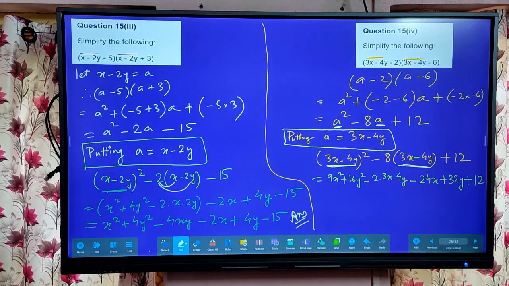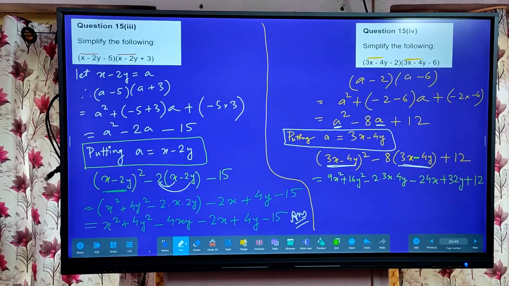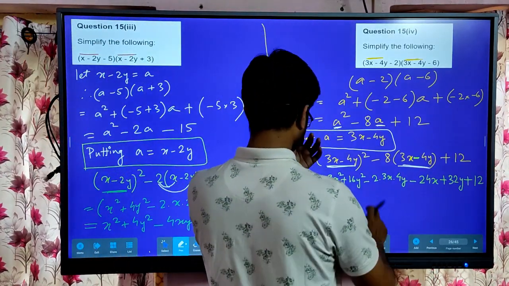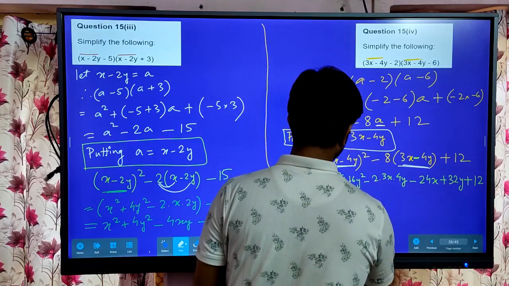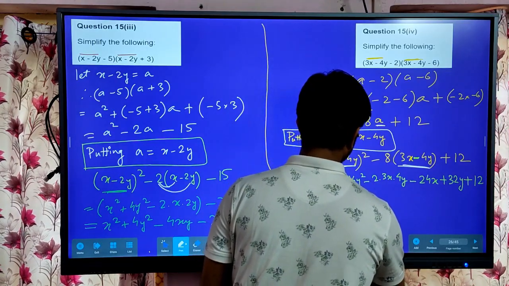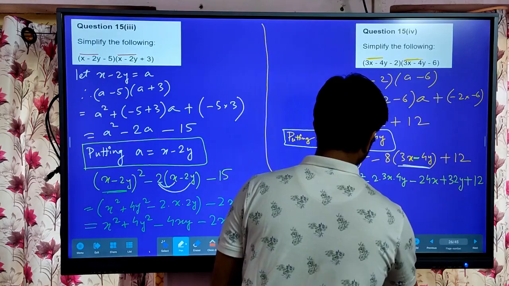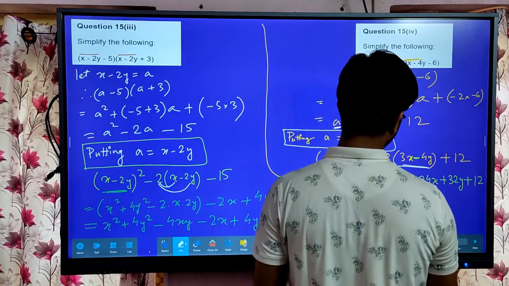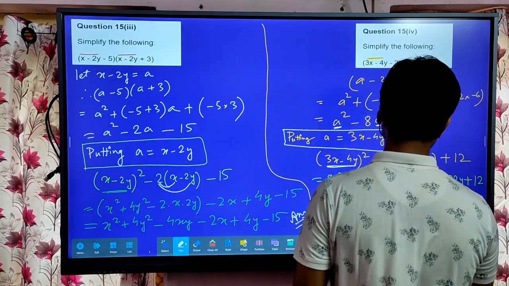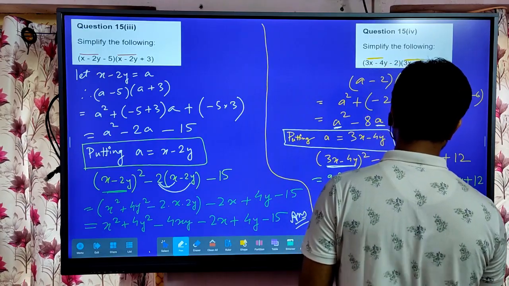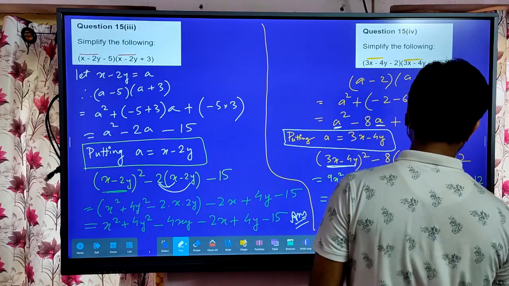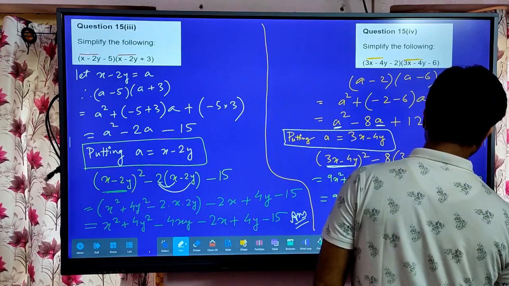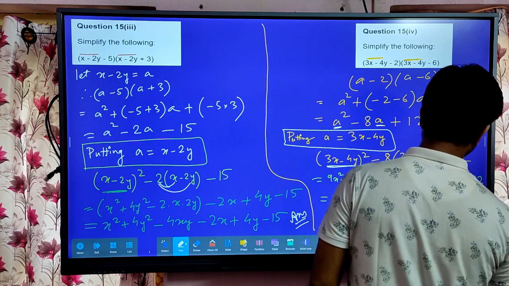Is it clear? So one more step for further simplification: 9x square plus 16y square minus 24xy minus 24x plus 32y plus 12.